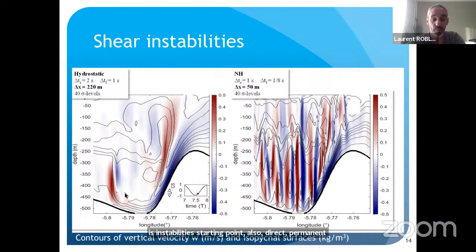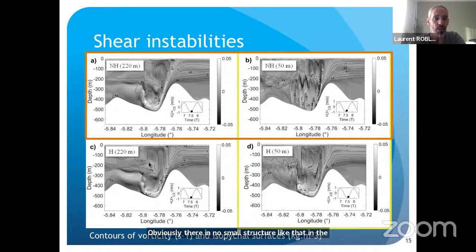Obviously, there is no small structure like that in the hydrostatic simulation here. But we'll see here that this is not just a story of putting the key NBQ or not. This is not a story only of high enough resolution on the horizontal.